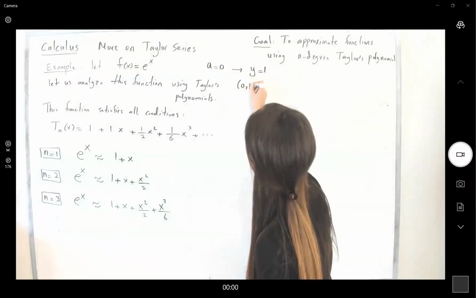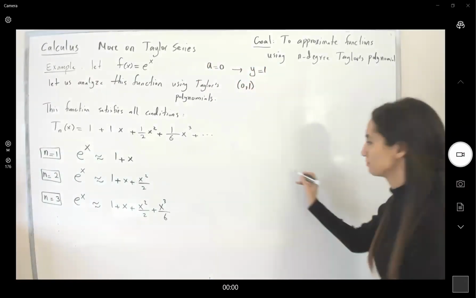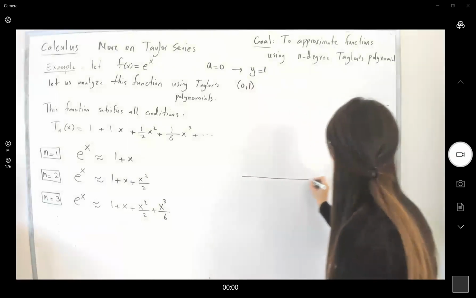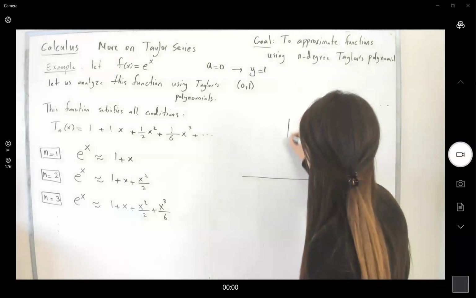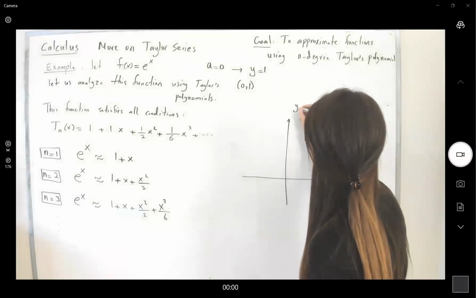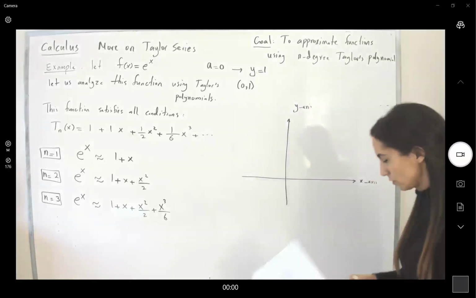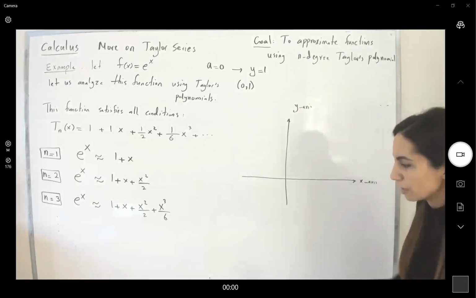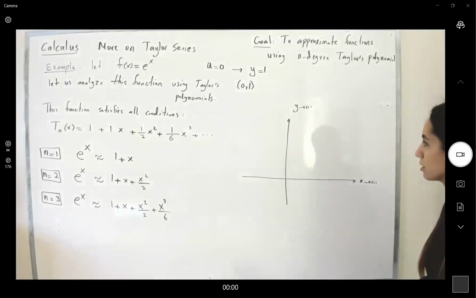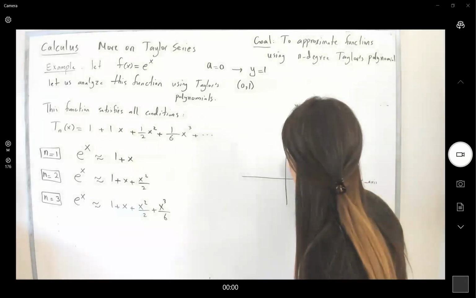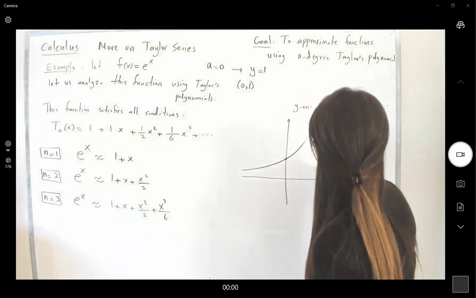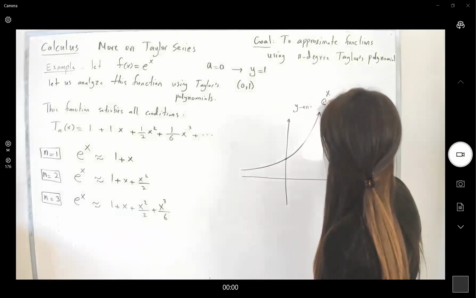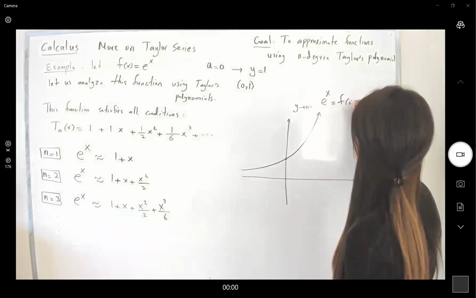So the point that you're actually working with is (0, 1). So here you have the x-axis, here you have your y-axis, and this is your function, e to the x. Let me use the same color here, (0, 1). And this is your e to the x. This is our function, f of x.